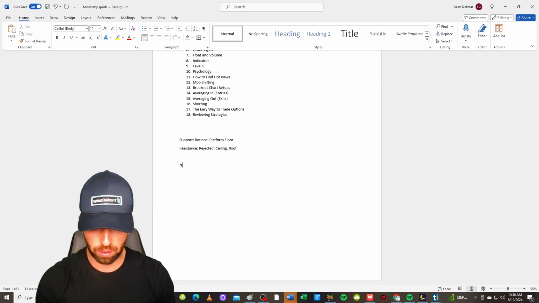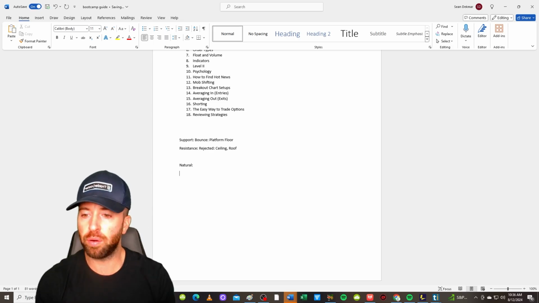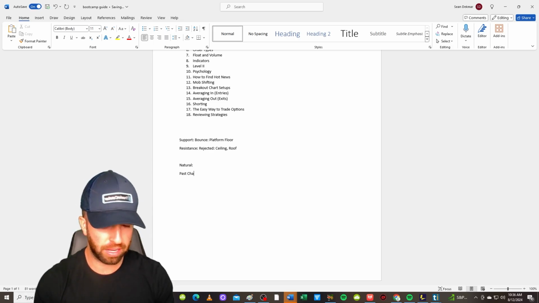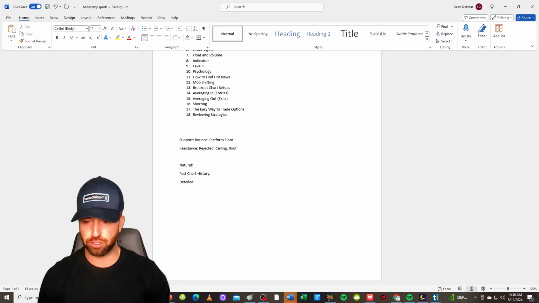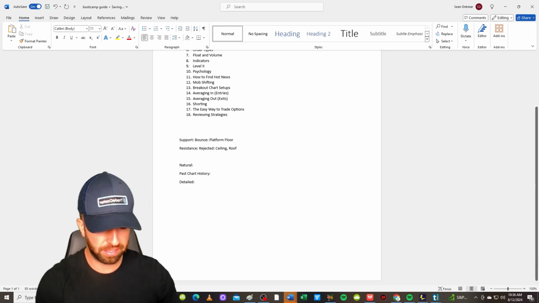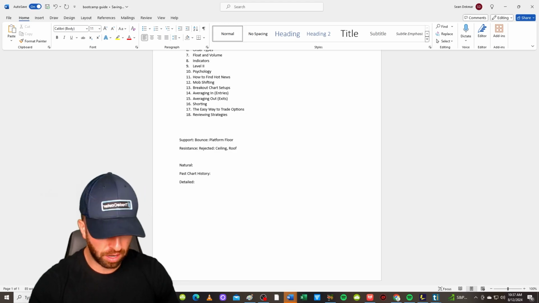We are going to have our natural support and resistance. We are going to have our past chart history support and resistance, and we are going to have our detailed support and resistance. So what is going to be natural? Natural support and resistance is going to be every whole dollar, sometimes, especially on smaller plays, even 50 cents. So let's just keep it easy.